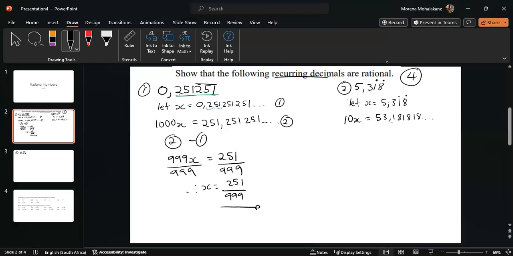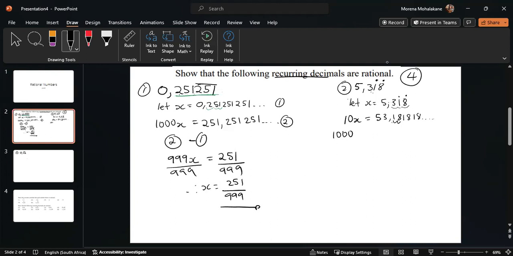So what can I do? Multiply again so that I have only 181818 after the comma. I can move 1, 2, 3, so I need to multiply by 1,000.